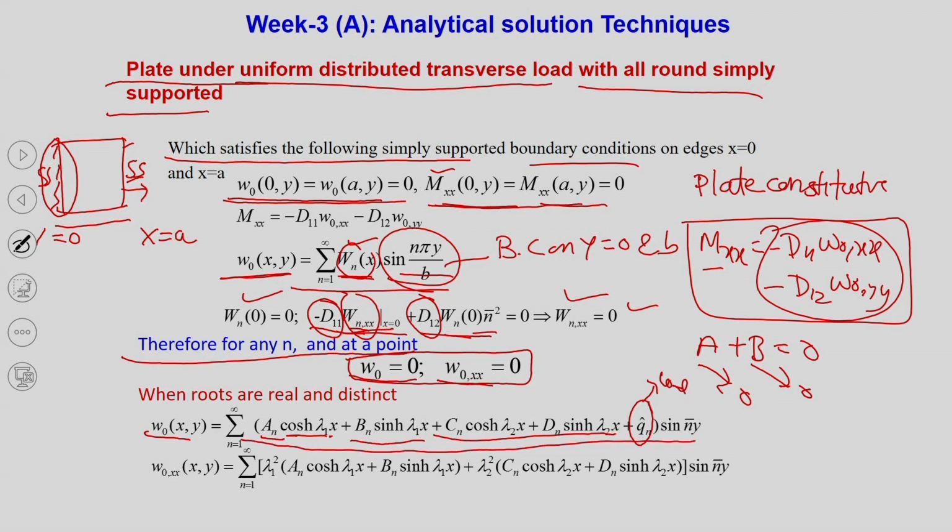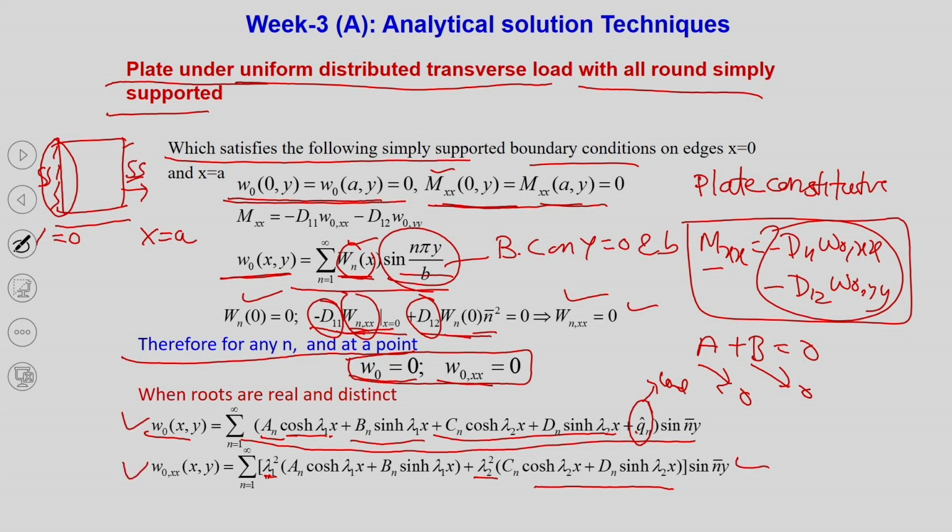So what will be the double derivative of W along the x axis? You differentiate twice, so lambda 1 square comes out here, and similarly lambda 2 square. And Qn is a constant, if we are saying that it is a uniformly distributed load, it is not a function of x, so it is going to vanish, so W comma xx of the particular part is 0.